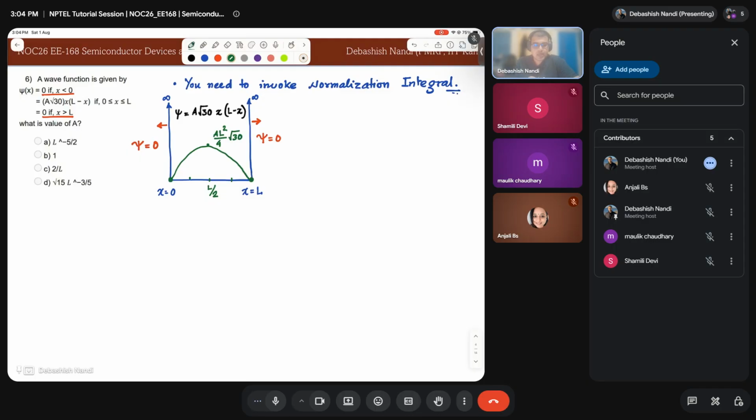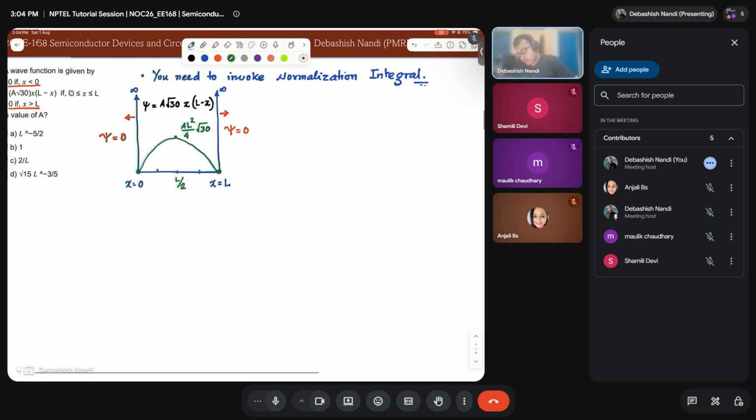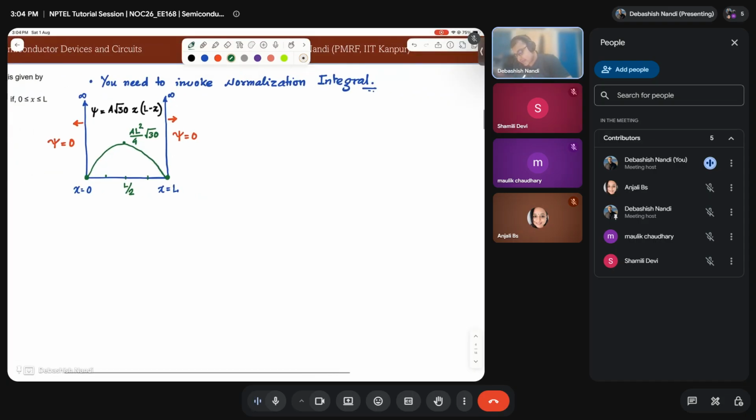Fine. Now what we are saying is that the normalization integral, that means the area under this curve from 0 to L, is 1. That is what we discussed last time, right? From the normalization condition, what is the normalization condition?